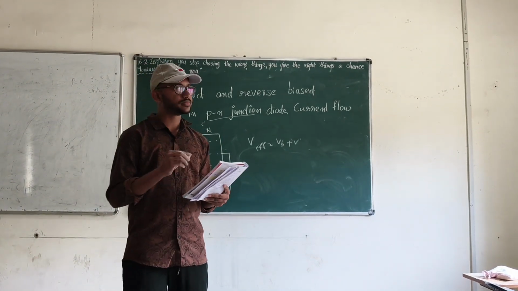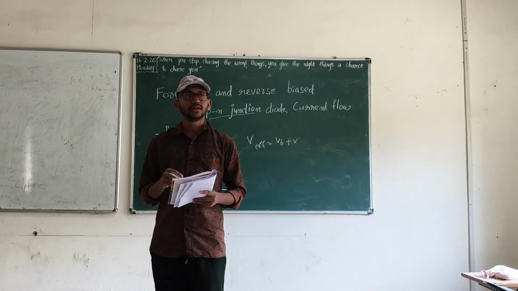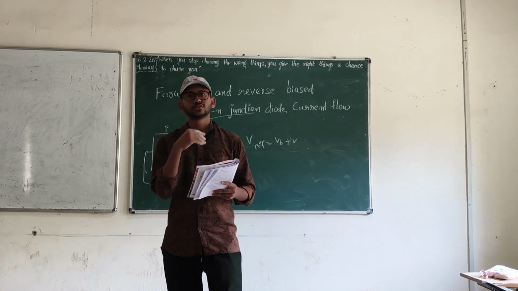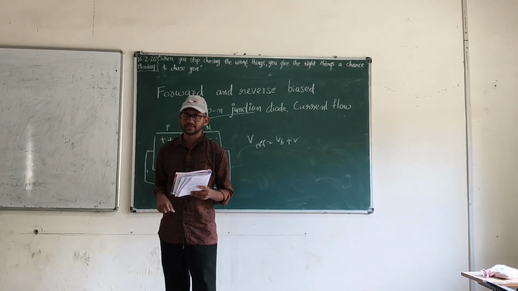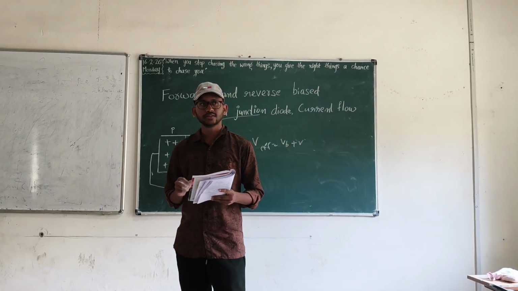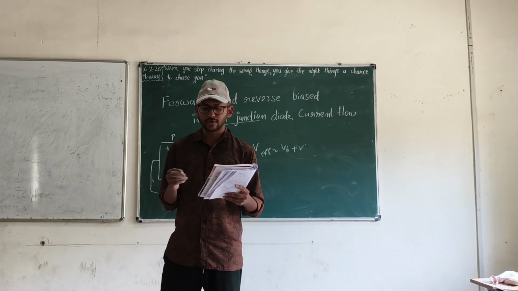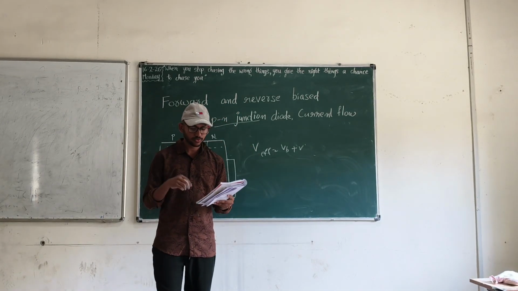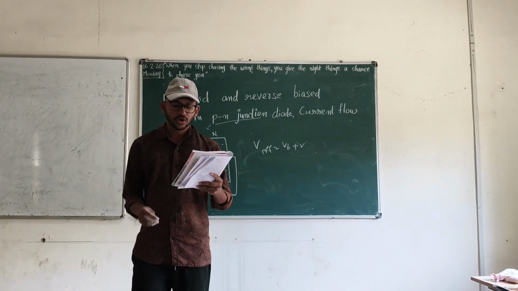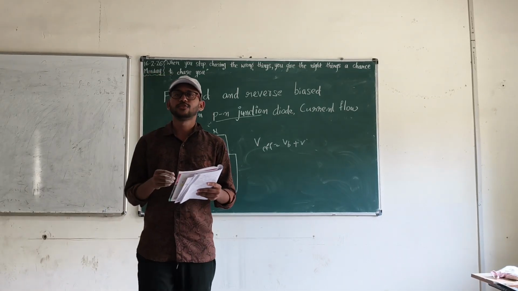And the reverse bias of a PN junction is used in solar cells, that is the conversion of light energy to electrical energy. Reverse bias is also used in Zener diodes and avalanche photodiodes, which are used in high-speed optical communications and 3G, 4G, 5G networks.